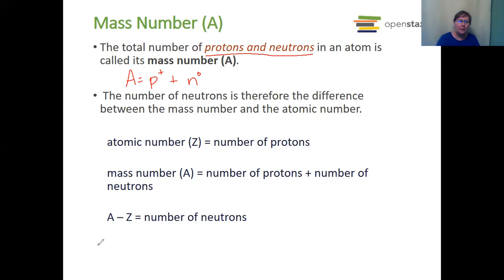Remember on the previous one, we've talked a little bit about isotopes. So let's take a look at what these would be. This is going to be kind of a direct reference to your recitation. Let's look at carbon 14.